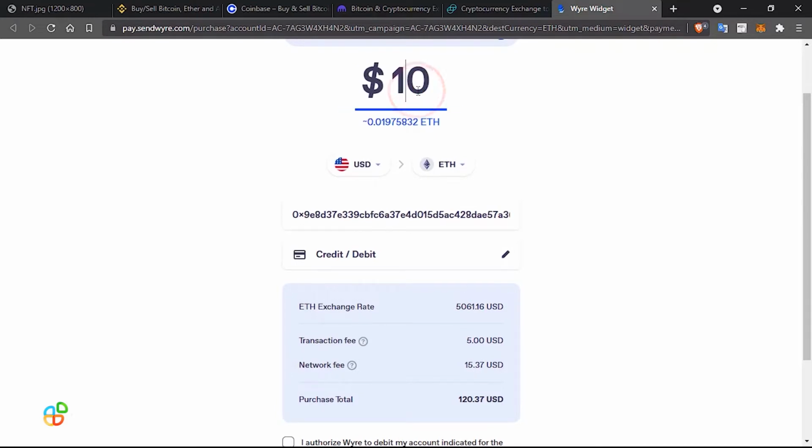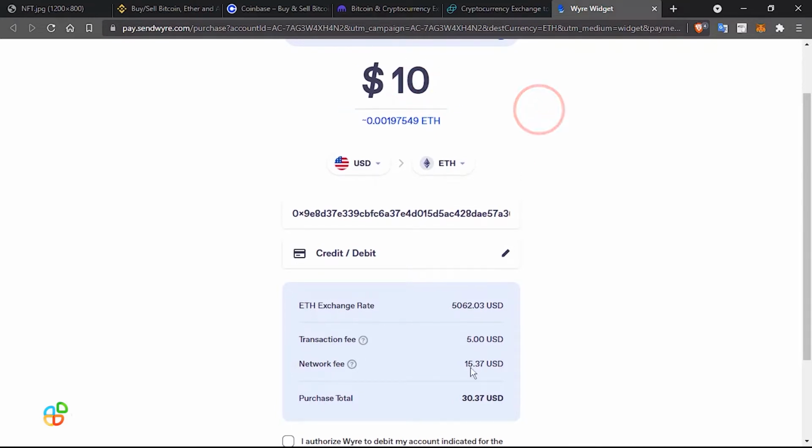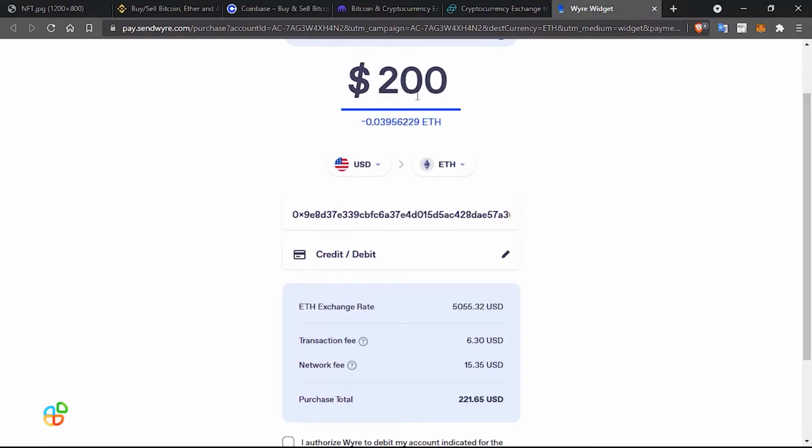But if you are just buying for $10, literally $20.37 becomes your transaction and network fees, which means you will be paying more than double for what you are trying to buy. So keep in mind what your range is, but if you change this to $200, then you can see the transaction fees increase slightly to $6.30.